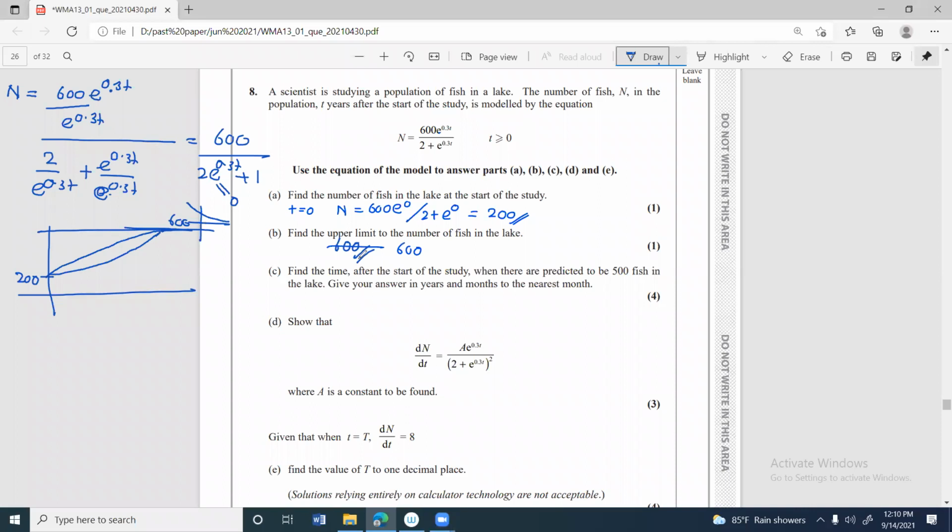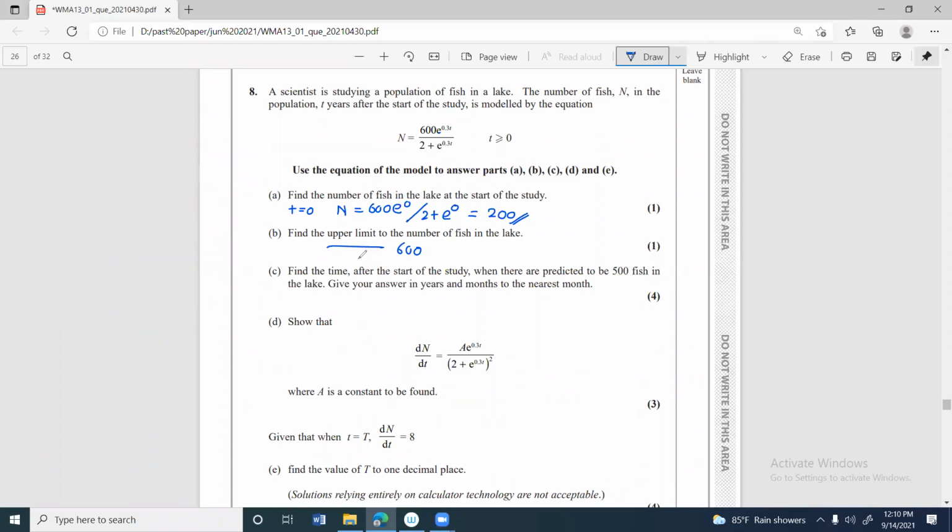Then find the time after the start of the study when there are predicted to be 500 fish in the lake. Give your answer in years and months, to the nearest month. So we will do it like this. That means n equals 500. You can say 600 e to the power 0.3t divided by 2 plus e to the power 0.3t equals 500.